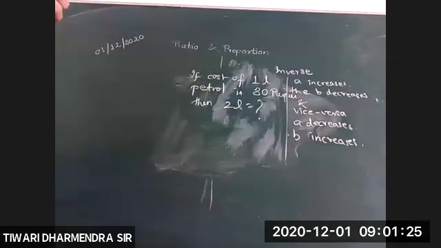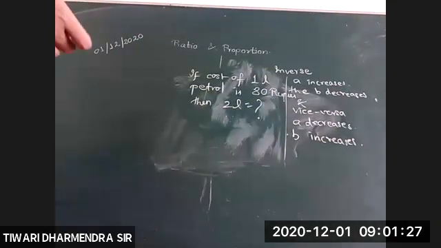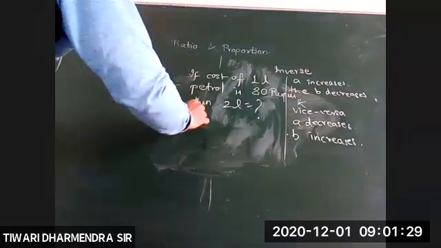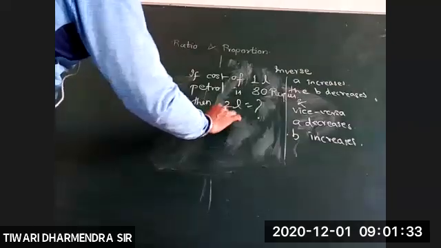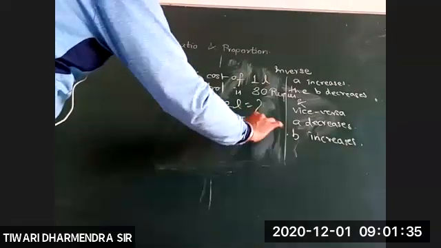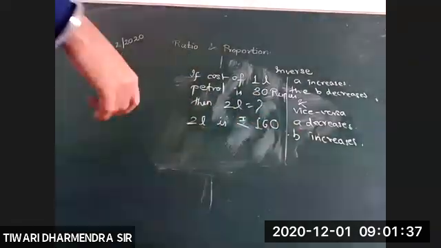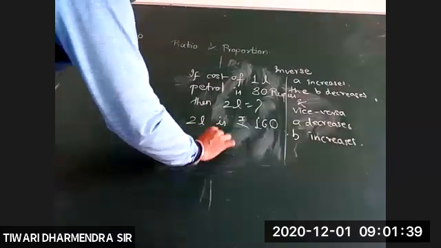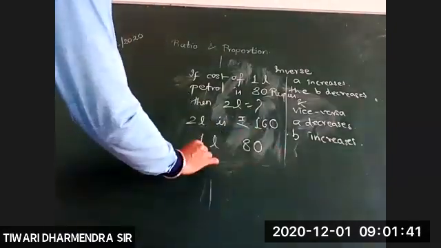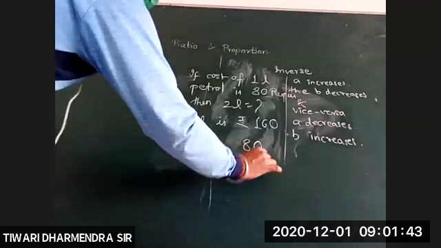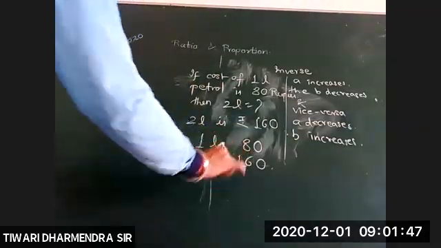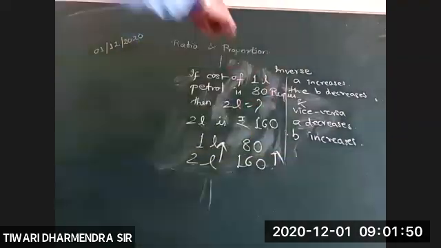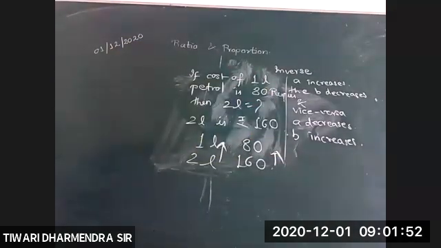It's very obvious that if the cost of 1 liter is 80, then the cost of 2 liter is 160 rupees. Here we have seen that 1 liter is 80 rupees, so 2 liter is 160 rupees. As A increases, the value of B also increases. It increases from 80 to 160.